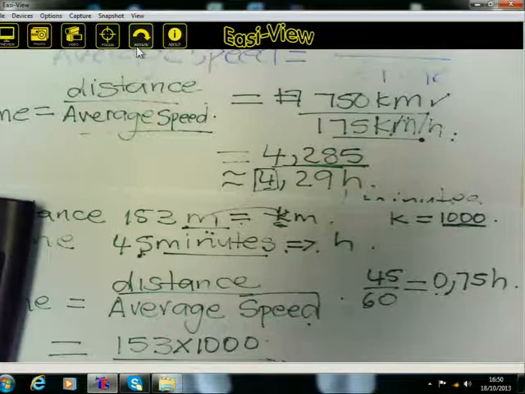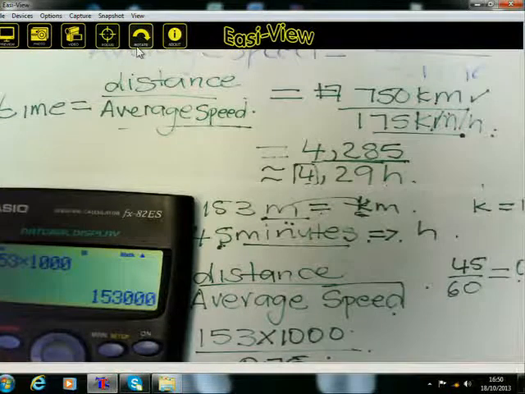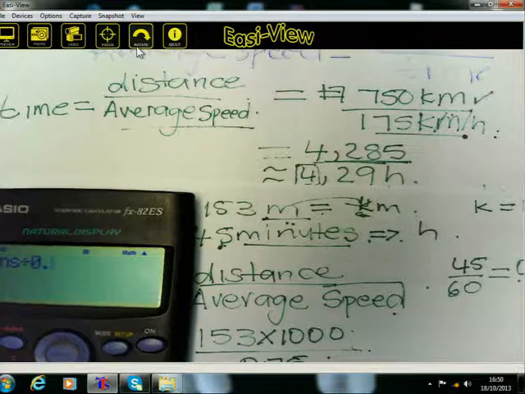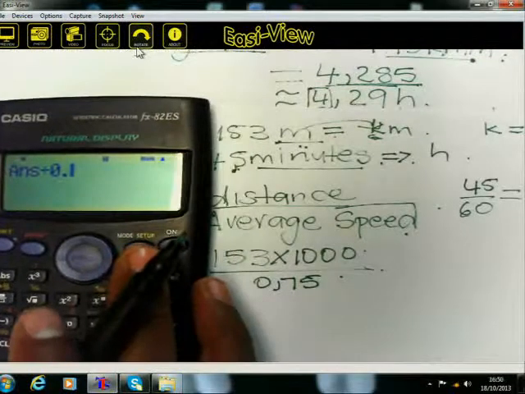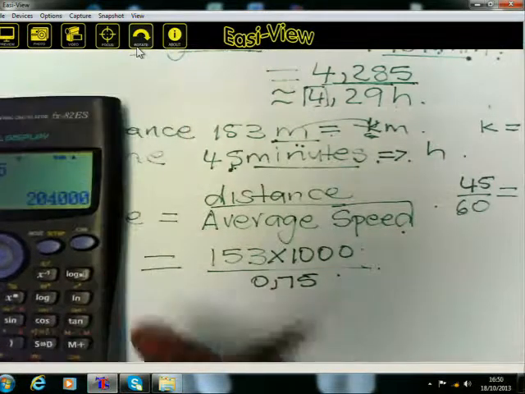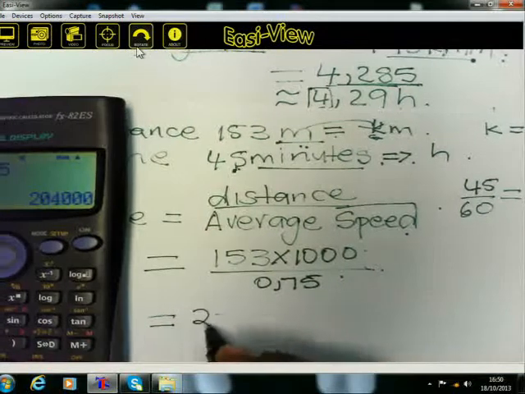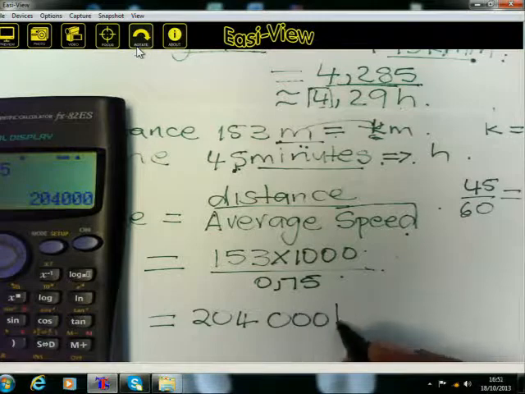This equals 153,000 divided by 0.75, which is 204,000 hours.